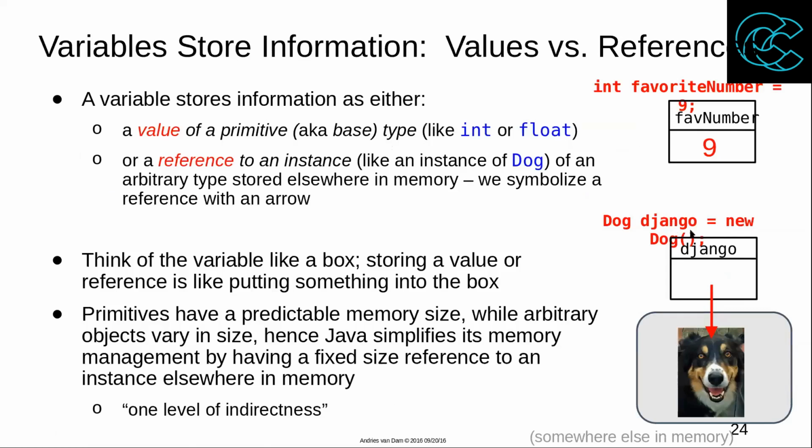Now for Django 2, you can set the values using the getters of Django. For example, Django 2 dot set breed equals Django dot get breed. So you use the getters and setters and set the values individually. Then the memory locations are separate and independent of each other.